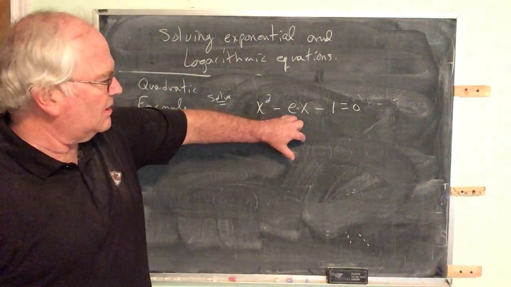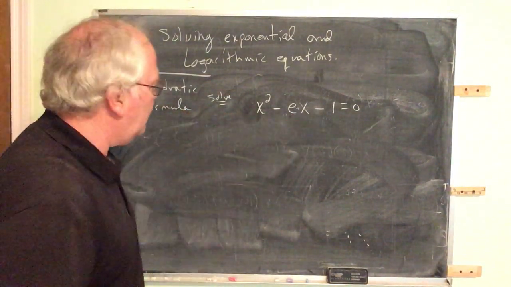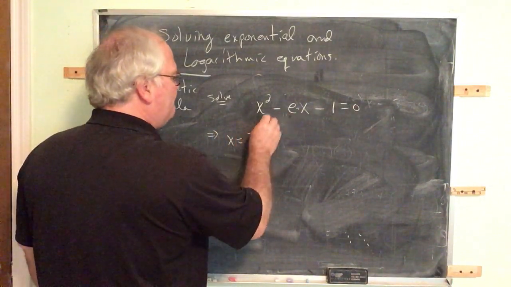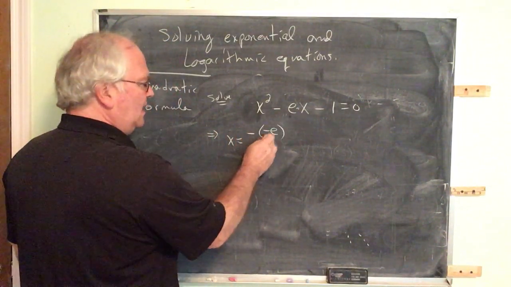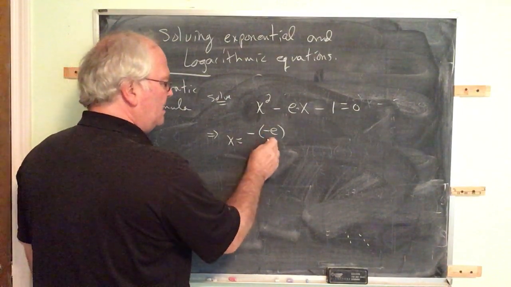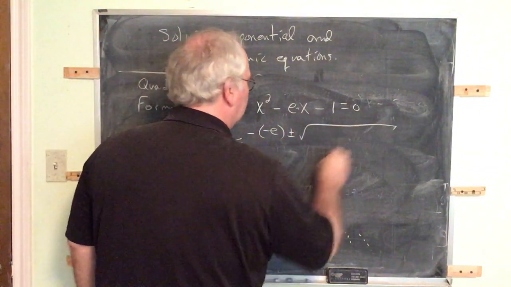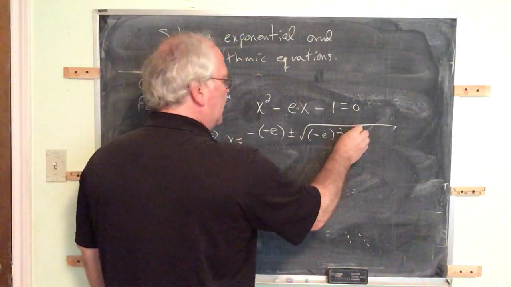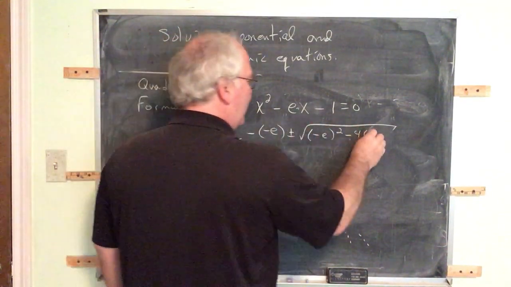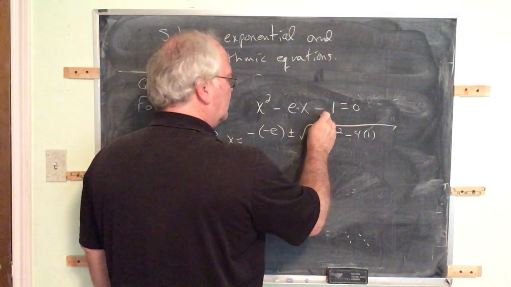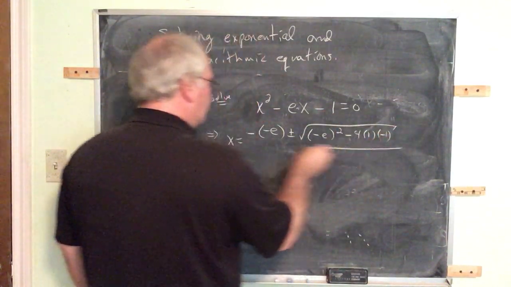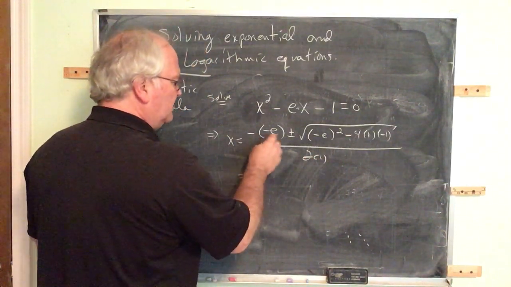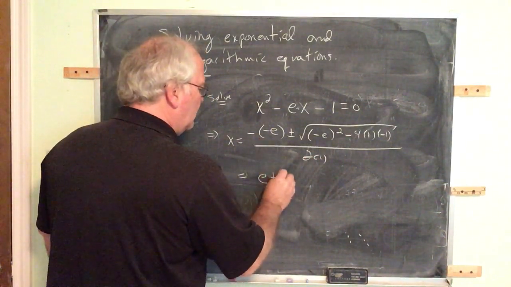Well, this is a number. Don't use a decimal yet. So we do know x is equal to negative b, and b is negative e. Negative b, plus or minus the square root of b squared minus 4 times a times c, all over 2a.